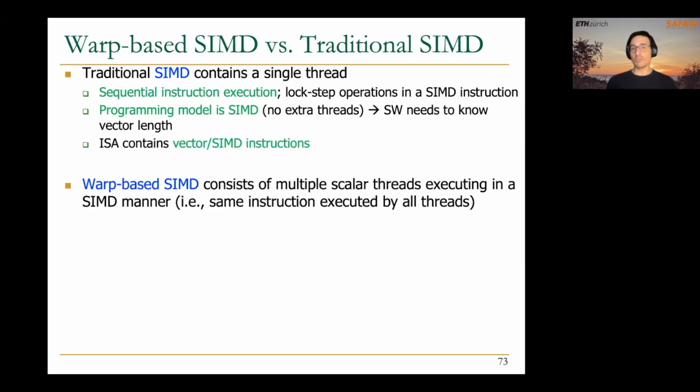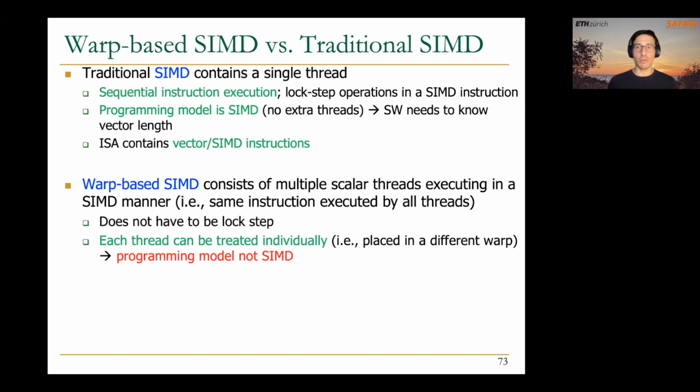In warp-based SIMD, we write code for scalar threads, and these threads are going to be executed in a lockstep manner on a SIMD machine and on the SIMD pipeline. Because in the end, what the hardware is doing is grouping the threads into warps, and the instructions for these warps behave as SIMD instructions.